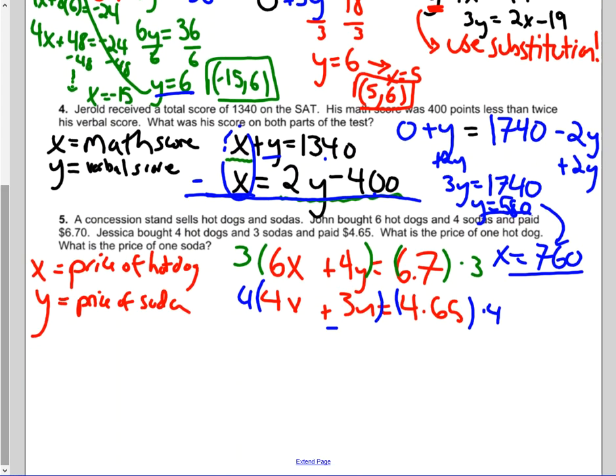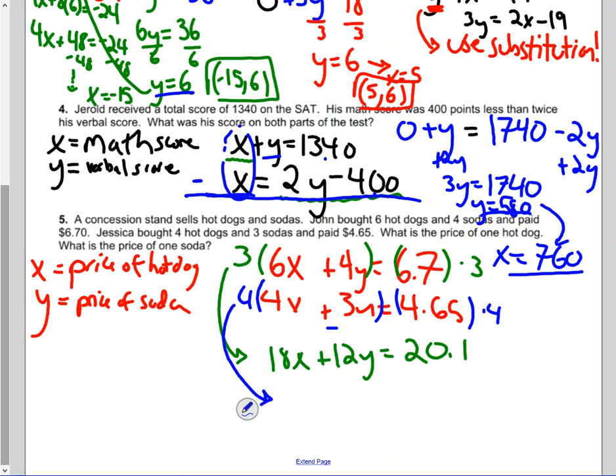When we do this, our top equation is going to become 18x plus 12y equals, mental math, 20.1.